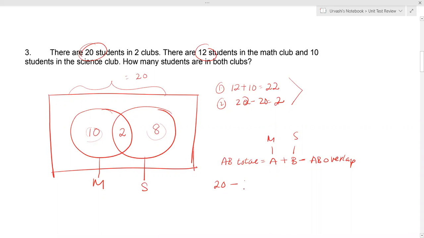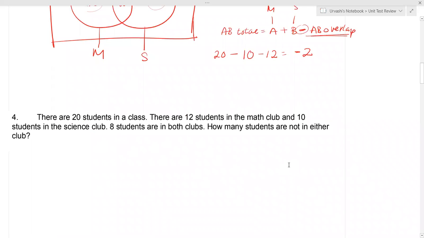So we're going to subtract that, right? 10 minus 12, and that should get us to -2. But remember, this is a minus sign, right? So this gets flipped. So AB overlap is 2. Okay. Any questions, guys, on Venn diagram? This was from 2 lessons ago. Number 4.